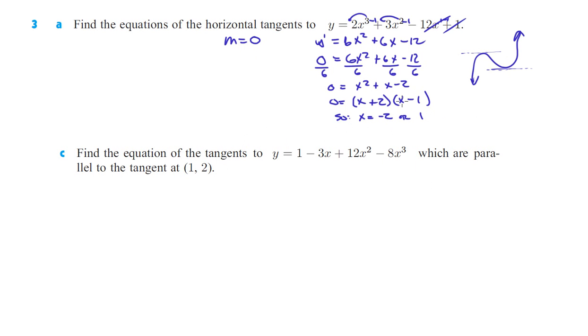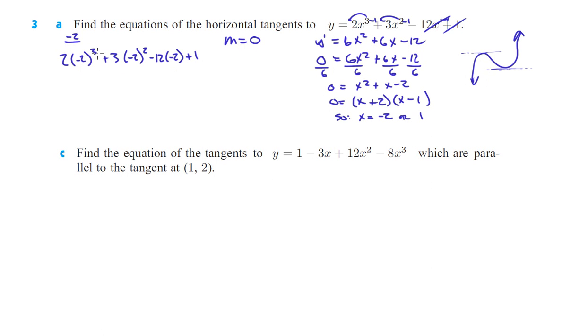Whenever we're looking for the y-coordinate of the tangent point, always plug your x into the original equation, right? So let's do that over here. This is for -2: 2 times -2 cubed plus 3 times -2 squared minus 12 times -2 plus 1.